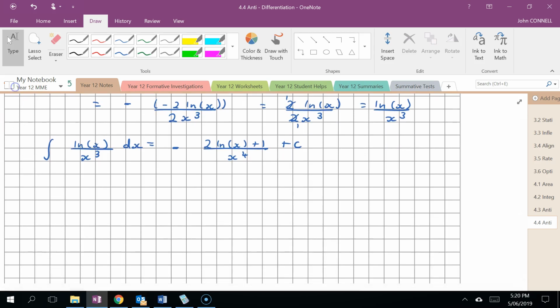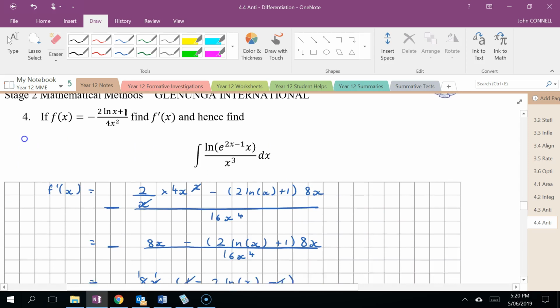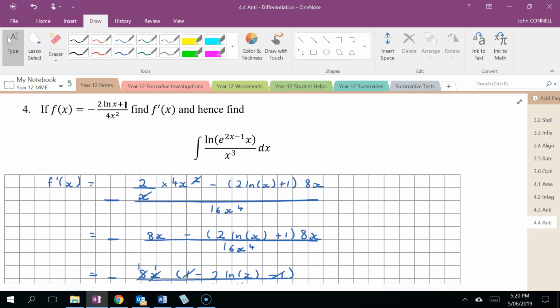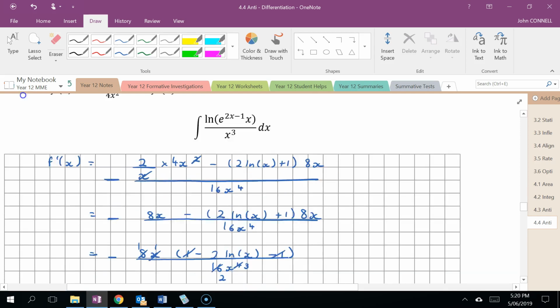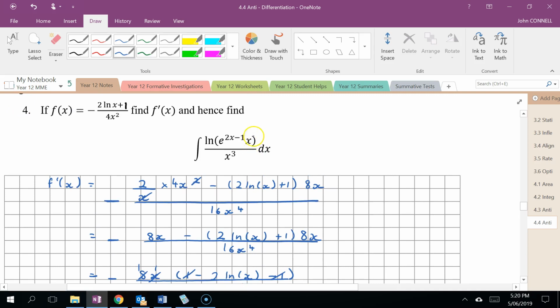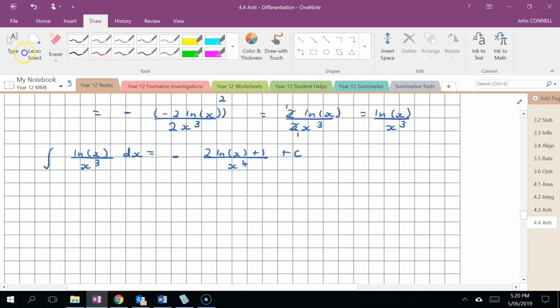Okay, so now I need to do my function, but it's not entirely obvious how to do it. But what I can do is, if I look closely here, if I split that up into ln e to the 2x take 1 plus ln x, then I can split that into two different terms, one of which will be ln x on x cubed.